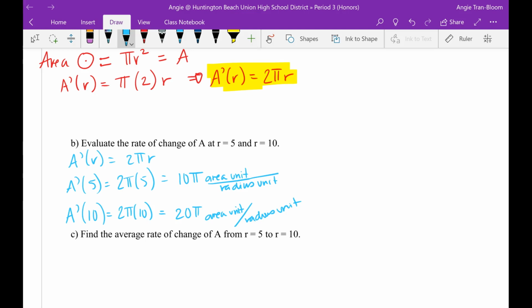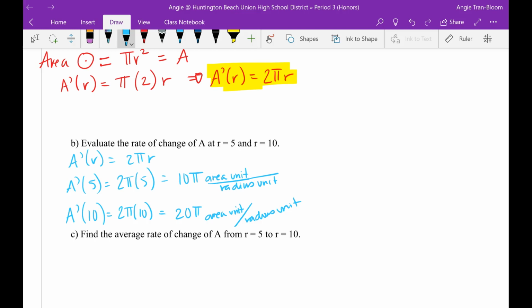It's always the rise over run. Rise is normally talking about the y. In this case your output is the derivative, which is the rate of change of the area, and the run is going to be your radius. So that's why the bottom is going to be your radius.